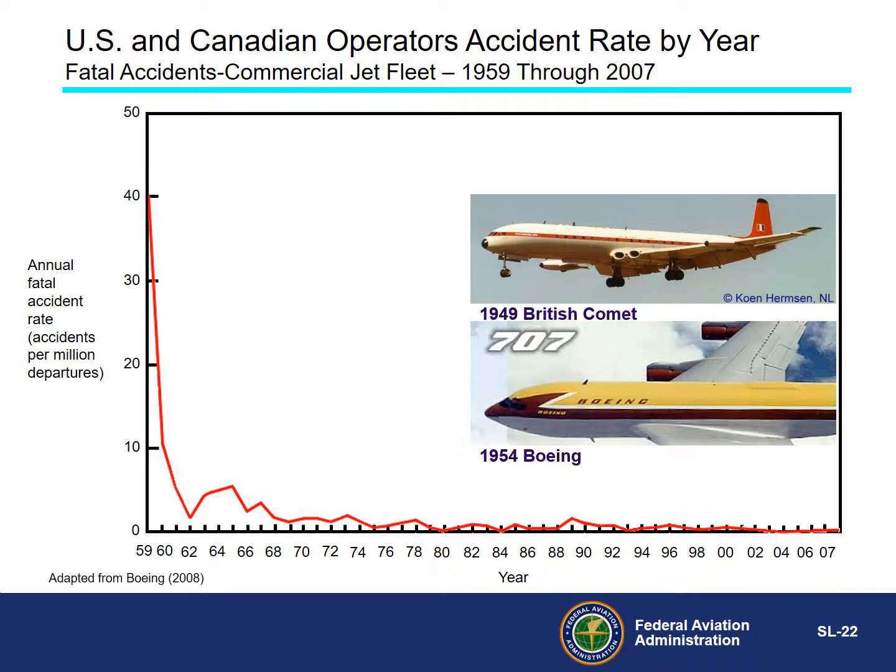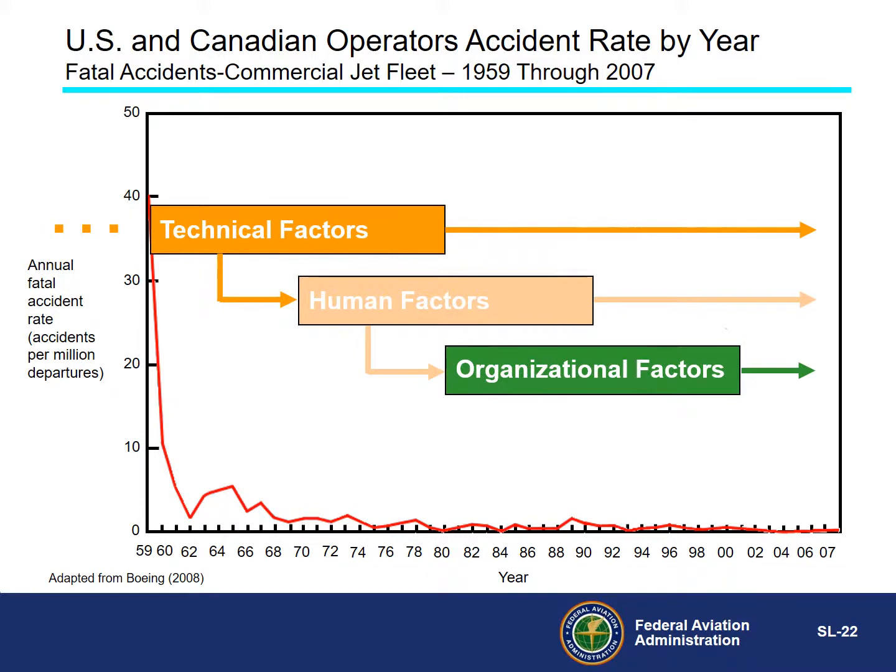Over the last 50 years, there have been paradigm shifts in the evolution of safety thinking, and the accident rate has steadily improved as a result. The first shift was technical factors. In the 1950s, accident investigations focused primarily on equipment failures. As aviation technology improved, better, more reliable equipment reduced the number of equipment-related accidents.